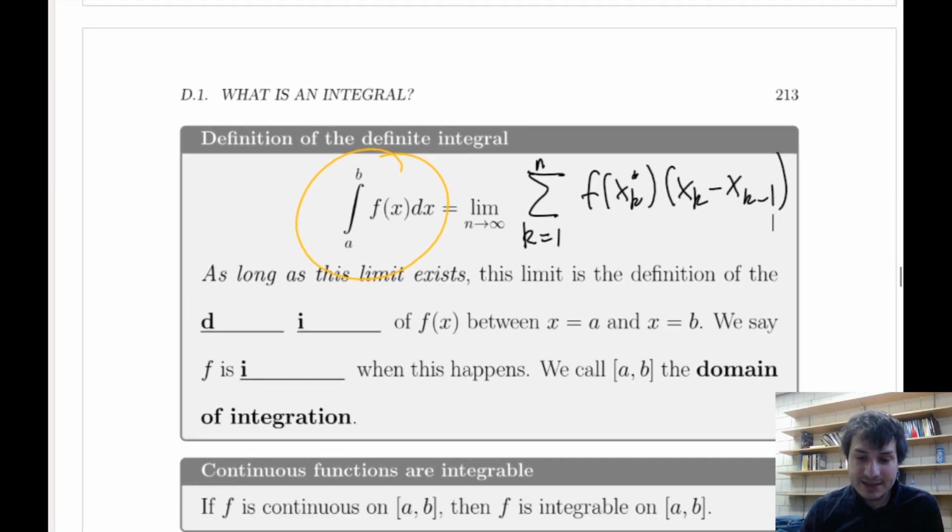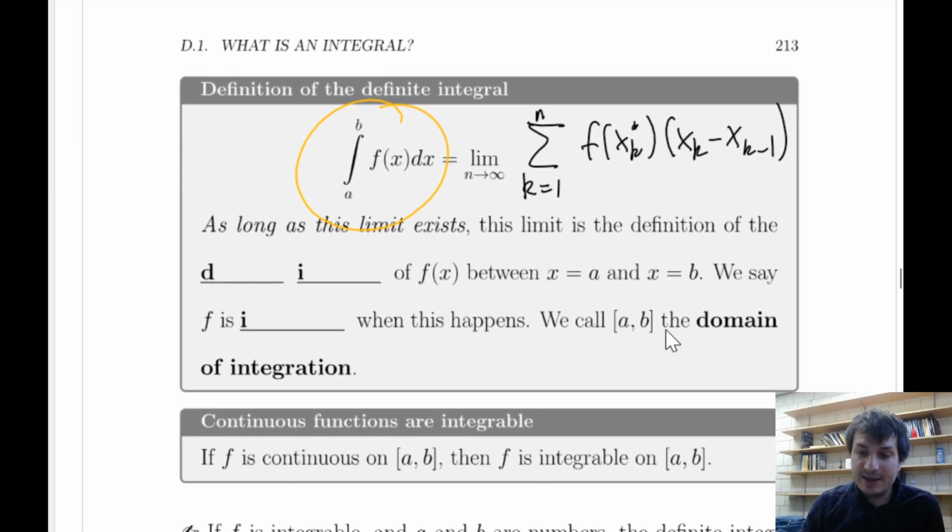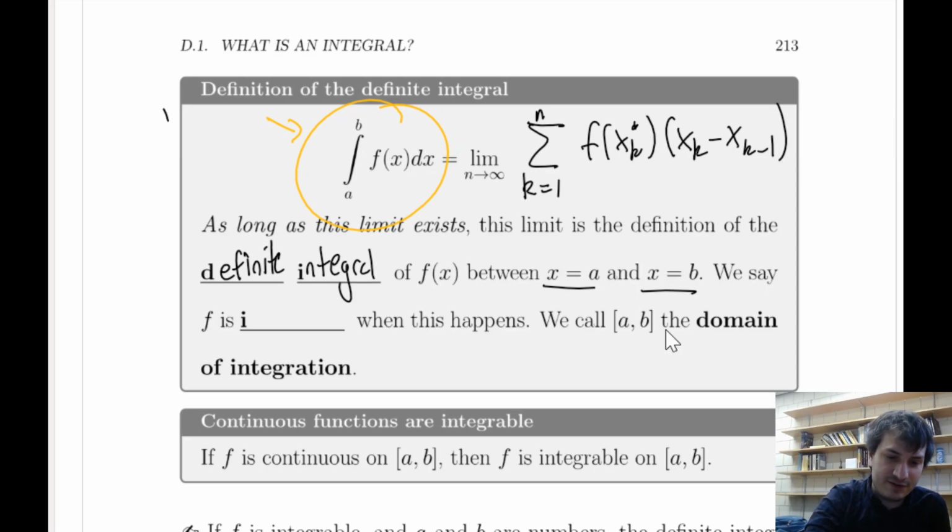As long as the limit exists, the limit is the definition of the definite integral of the function f of x between a and b. So this notation is defined to be equal to this limit, and you read it out loud as the definite integral of f between a and b. We write it down with this notation.